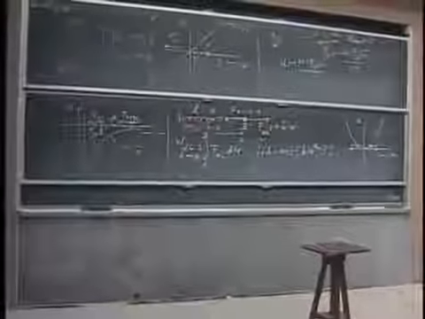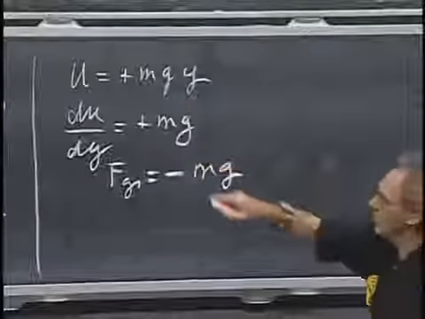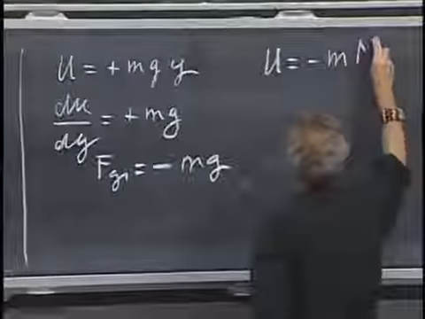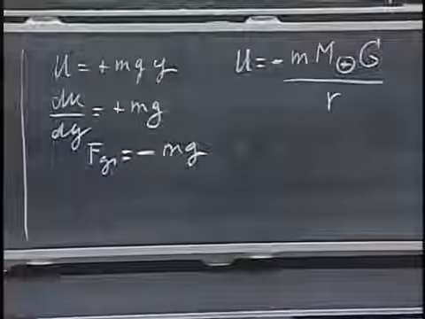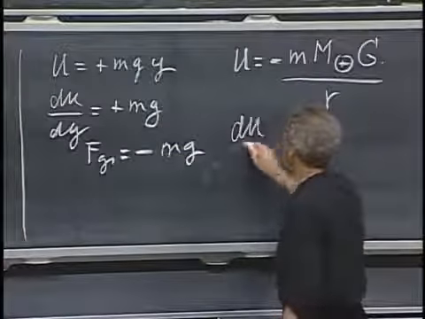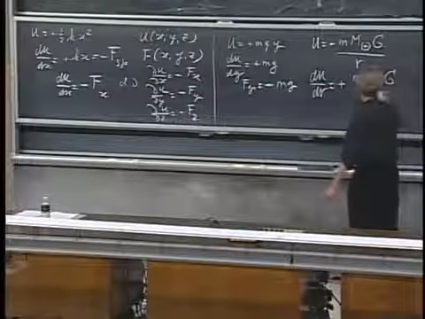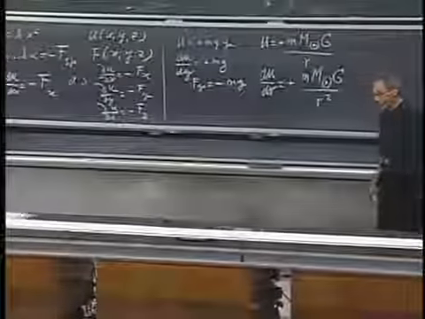Now we take the situation that we are not near Earth. We have U equals minus m_Earth G divided by r. There's only an r here. So dU/dr. The derivative of 1 over r is minus 1 over r squared. The minus sign eats up this minus sign, so I get plus m_Earth G divided by r squared.